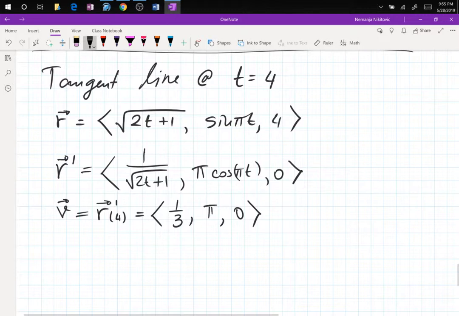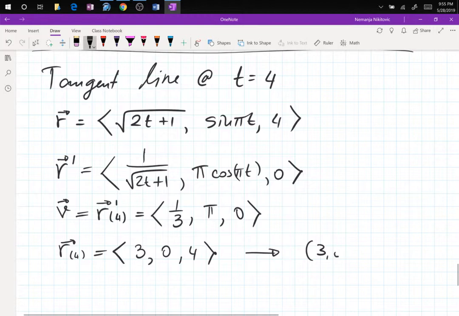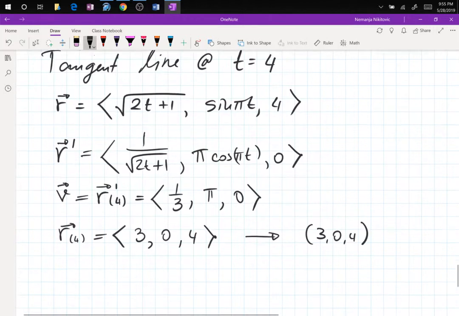And then to get the point, r computed at 4 is going to give us a vector 3, 0, 4, which will give us a point 3, 0, 4.